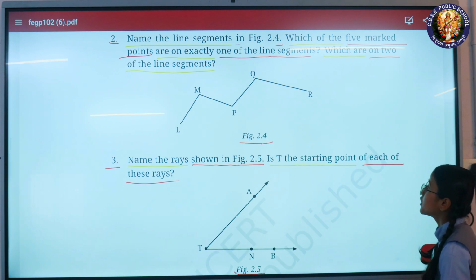Figure 2.4. 3. Name the rays shown in figure 2.5. Is T the starting point of each of these rays? Figure 2.5.